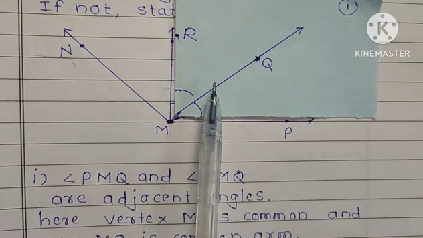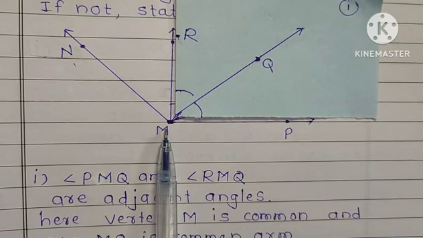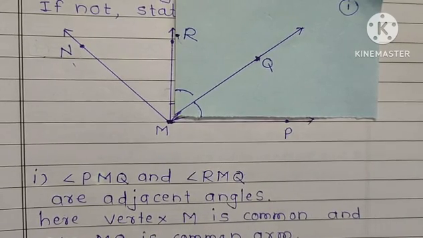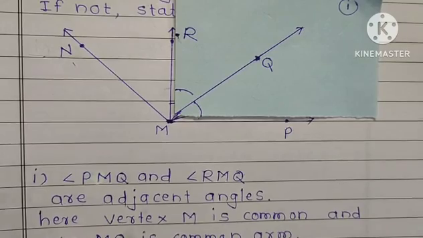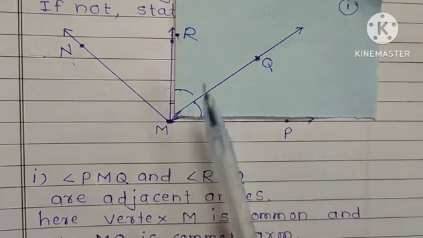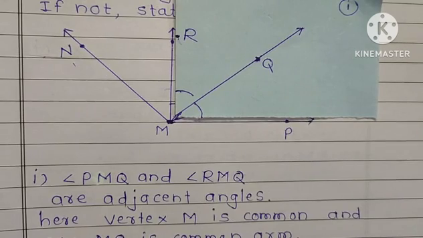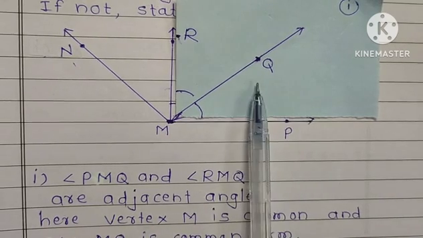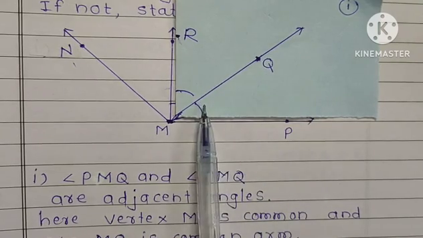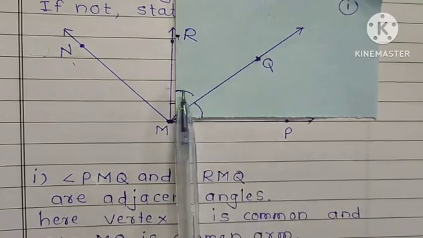So we observe here vertex M is common between these two angles. Second condition is arm MQ is common between these two angles. Third condition, interior of angle PMQ is this and interior of RMQ is this.